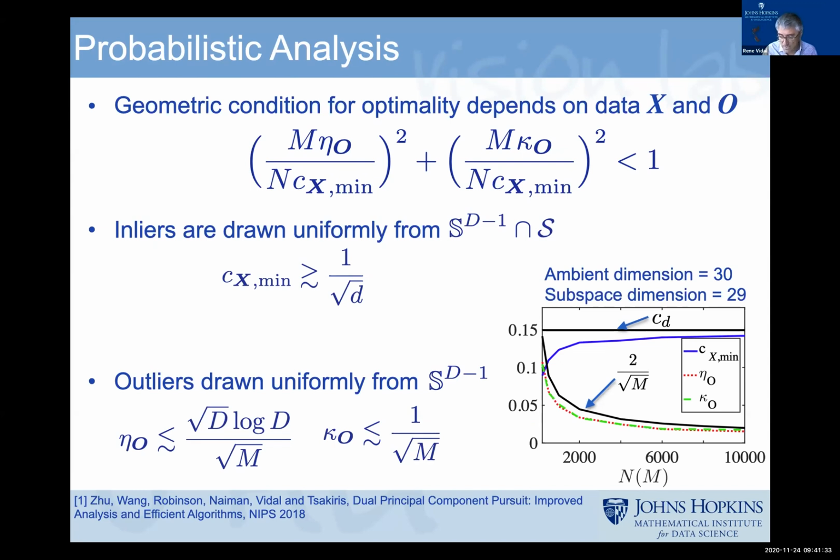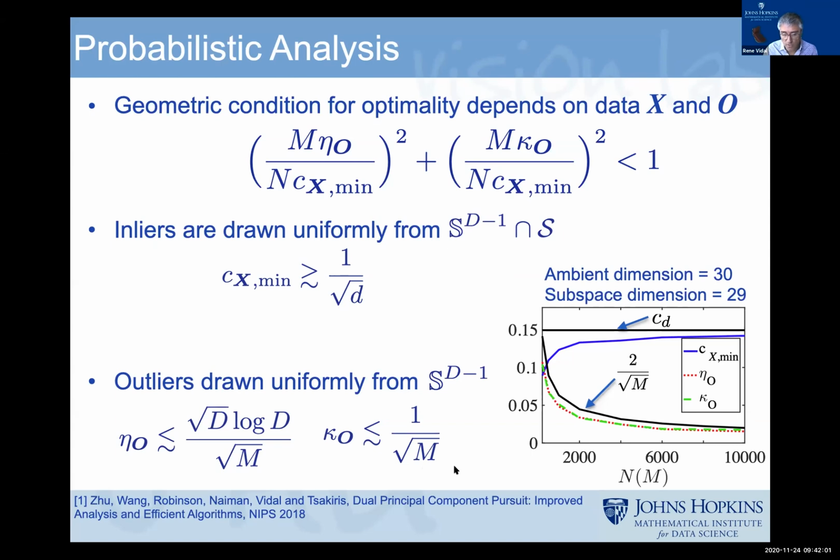They're decreasing, in this case below 2 over square root of m. The blue curve, on the other hand, is the distribution of the inliers. The larger, the better. And it shows that as you increase the number of inliers and outliers, the CX mean grows to the maximum value, which is this CD, which is the height of the sphere of dimension little d.